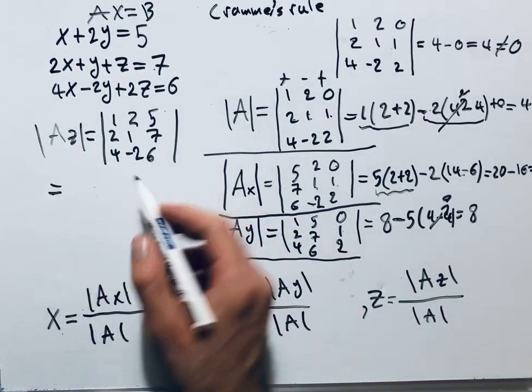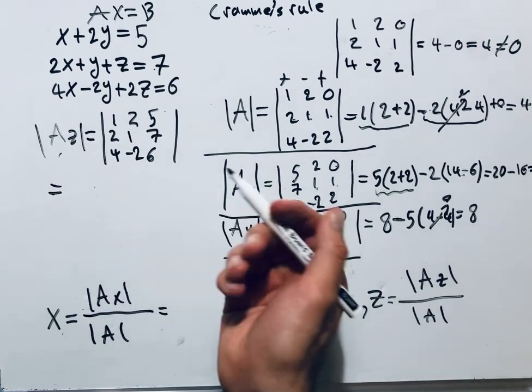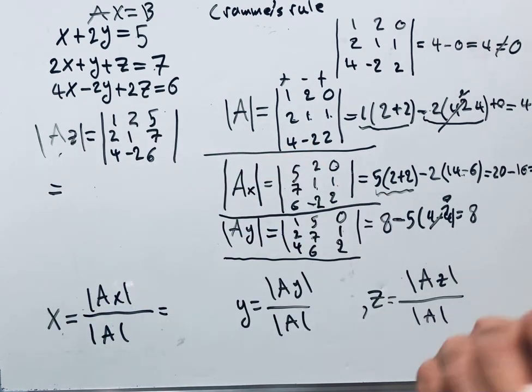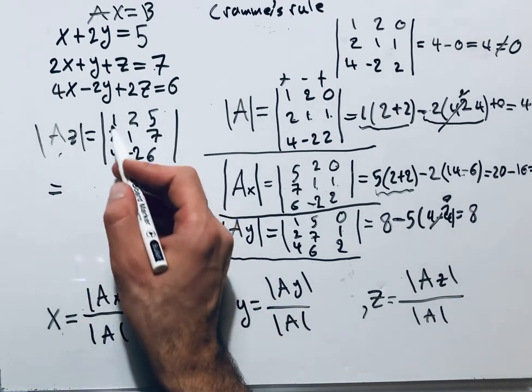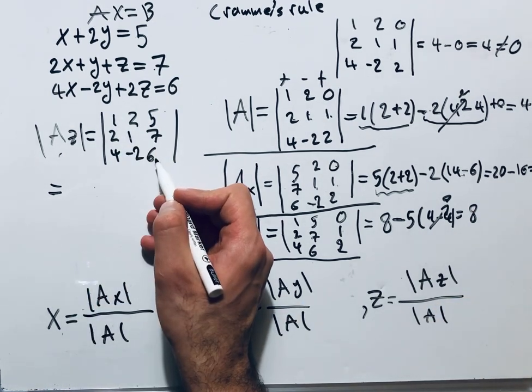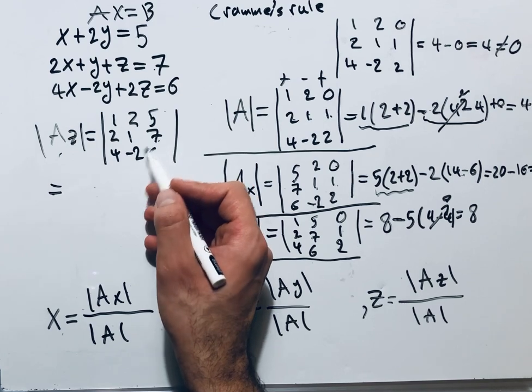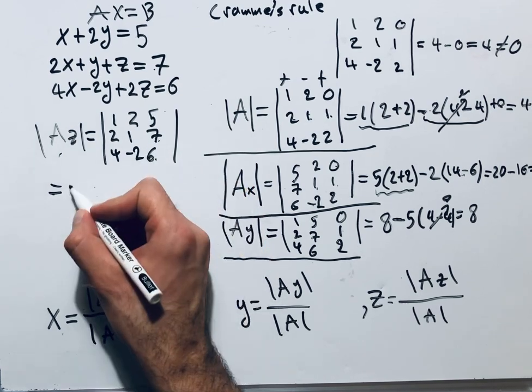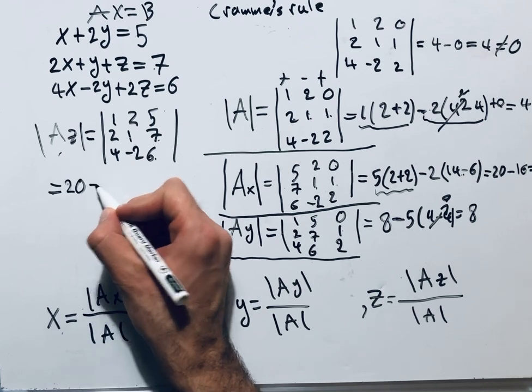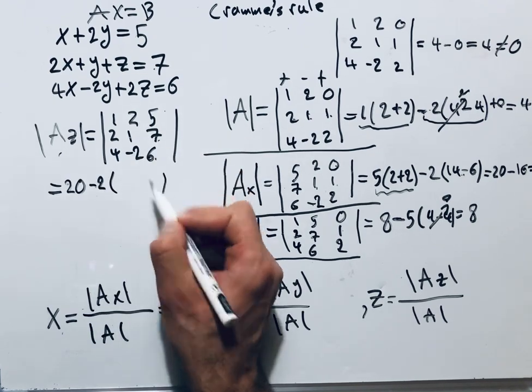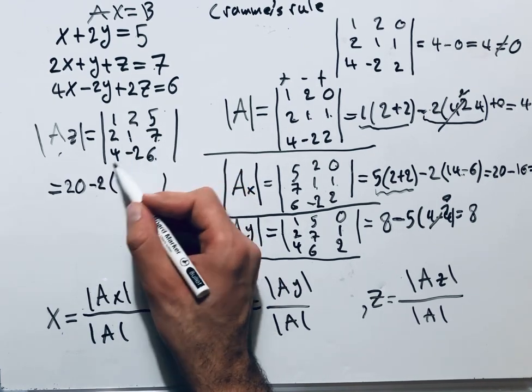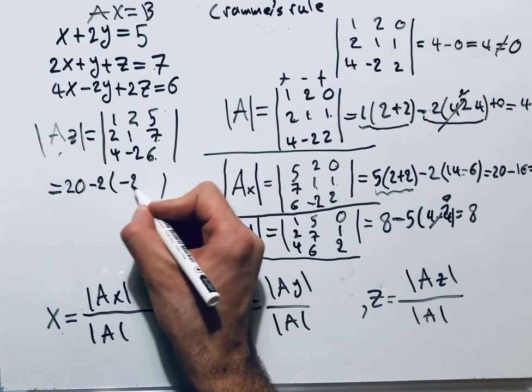So the only remaining part is A sub z. This one doesn't have a 0, so it's going to be a little bit tedious, okay? So we have 1 times 6, okay, and then plus 14, so this would be actually 20, and then minus 2, right? And then 2 times 6, 12, minus 14, so negative 2, like this.